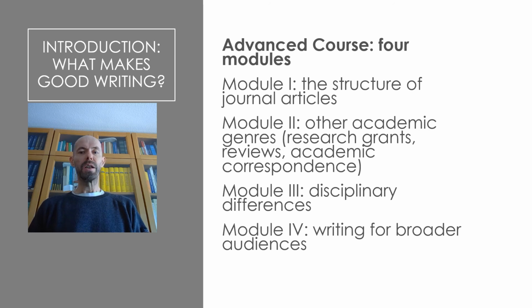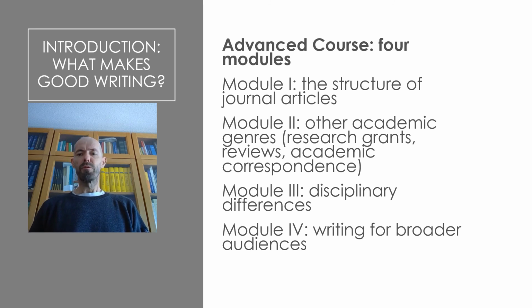Module 2 is about other academic genres, such as research grants, reviews, academic correspondence, and so on. In Module 3, we're then going to look at those disciplinary differences I talked about earlier.